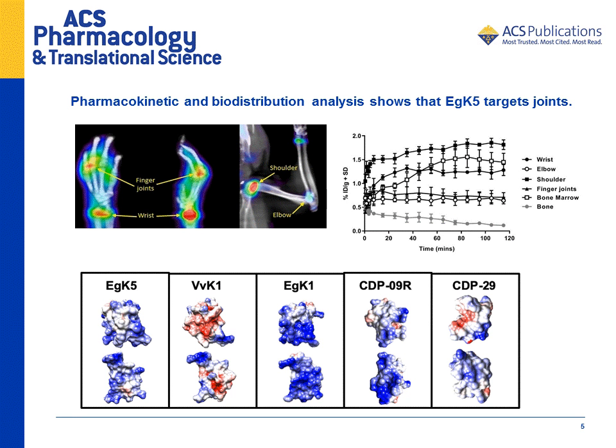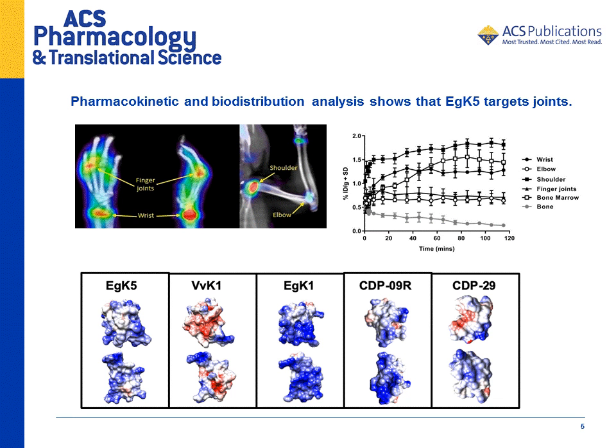We measured the pharmacokinetic and biodistribution properties of EGK5. Shown on the top are PET-CT images of fluorine-18 labeled EGK5, and they show that the peptide targets small and large joints. Other cysteine-rich peptides have been shown to exhibit the same type of arthrotropism.